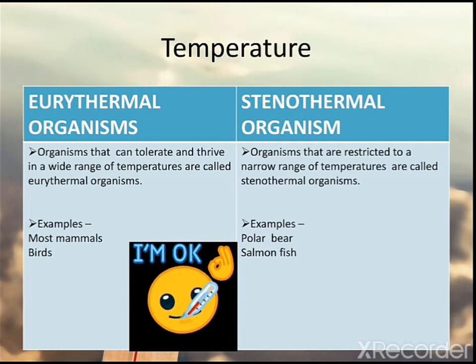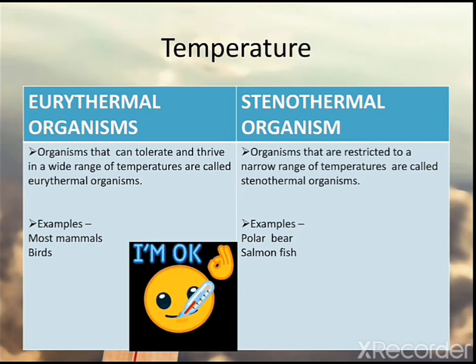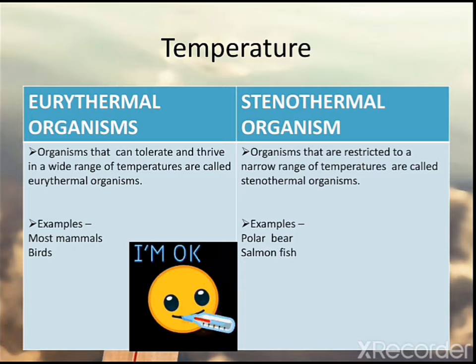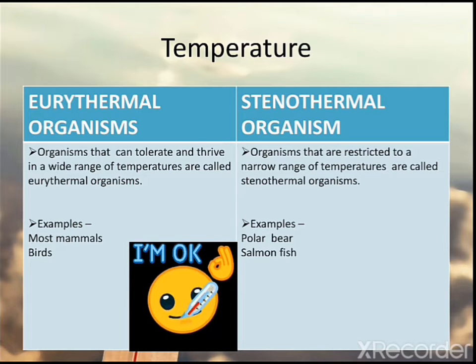If the temperature is very high, these organisms can sweat, and as a result they can reduce their temperature. Similarly, if the temperature is lower, they can shiver, and shivering is an exercise which generates heat, and this heat is used to warm up the organism.